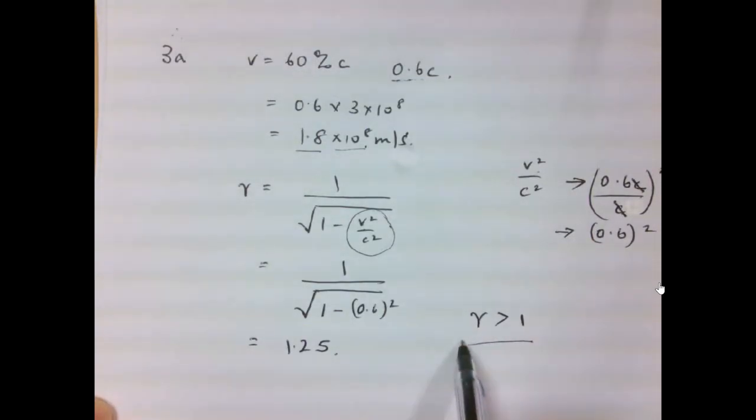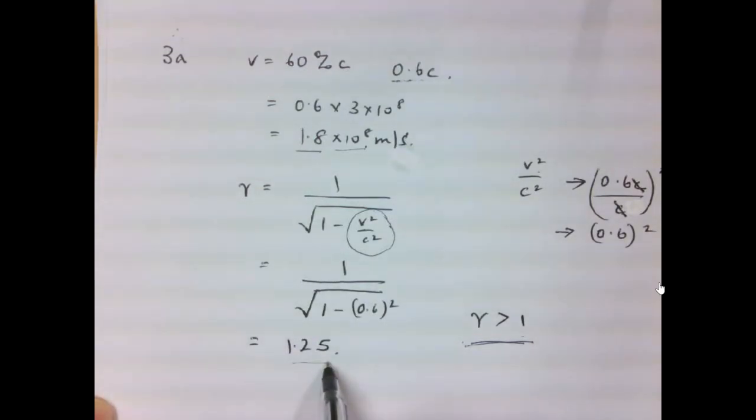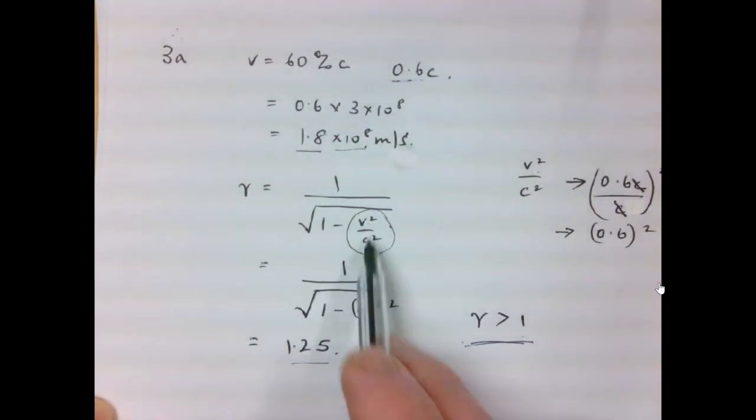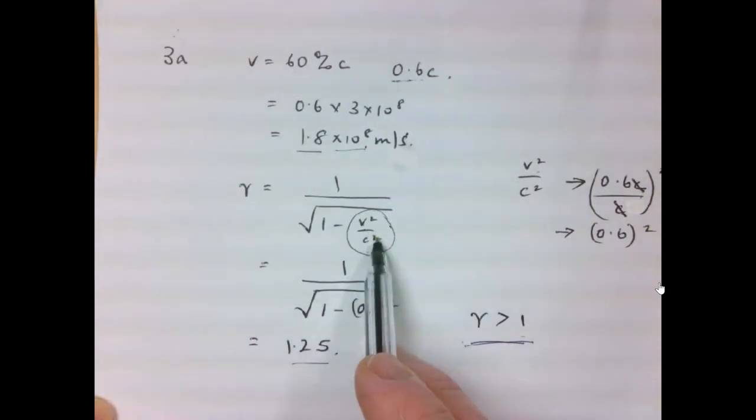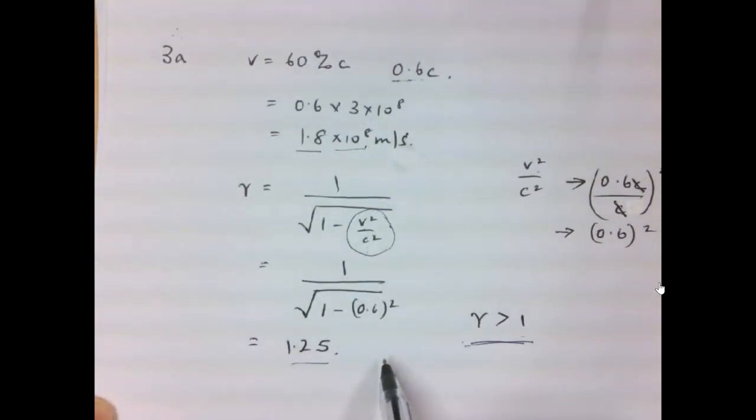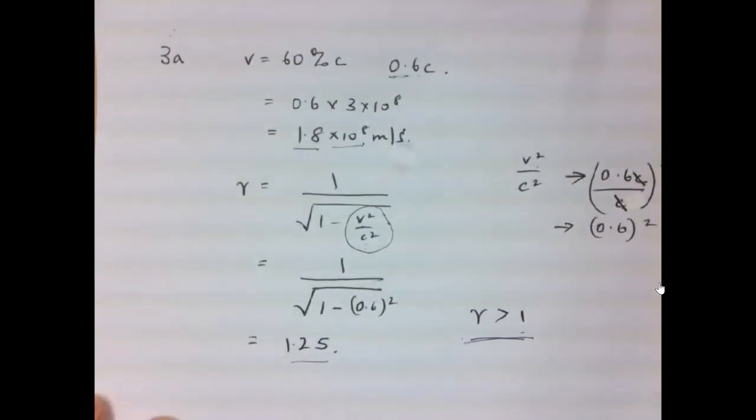So if it equaled 1, there is no difference between the two frames of reference. Their times are the same. As this number increases away from 1, and it will become infinite if v becomes c, this becomes 1 minus 1. That means the ratio between proper time and time in motion becomes infinite. Right, moving on to 3b now.